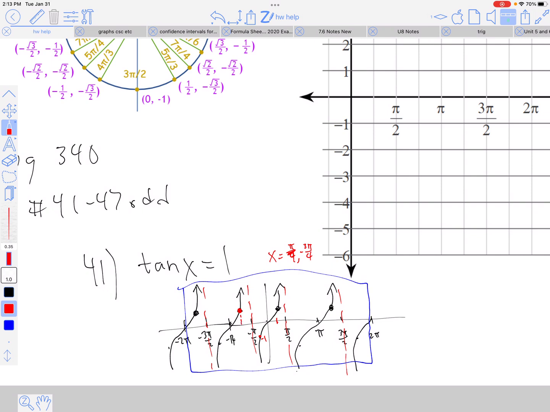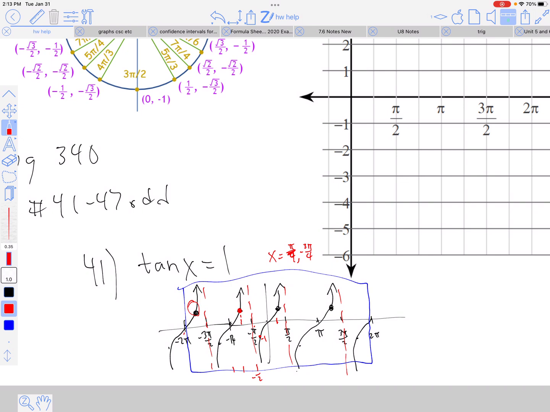Okay. Now this other one over here is in between negative 1.5 pi and negative 2 pi. So let's think about that. If this is negative pi halves, and then this is pi halves, let's count it in fourths.